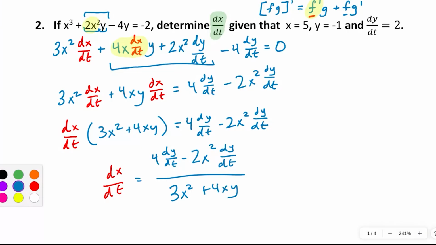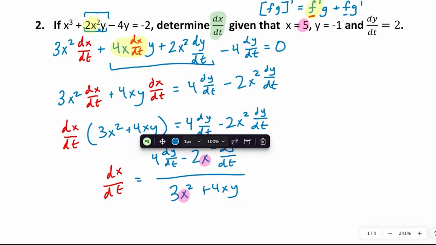Okay, so we've isolated dx dt, but this particular problem gives us values for x, y, and dy dt. So we can plug those in wherever they belong, and then we'll have our dx dt. So first, I'm running out of colors here. You got x equals 5, so I'm going to plug that in here, and here, and here.